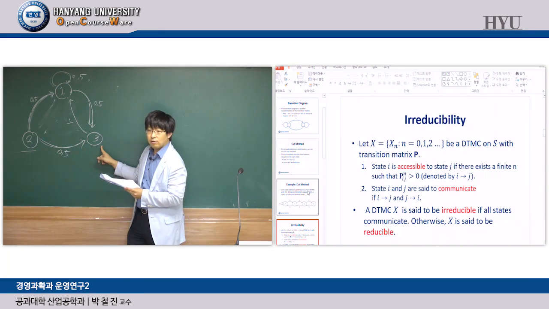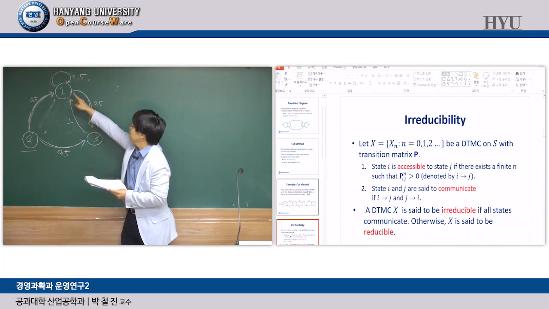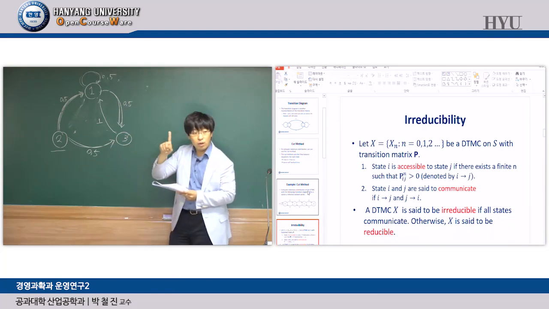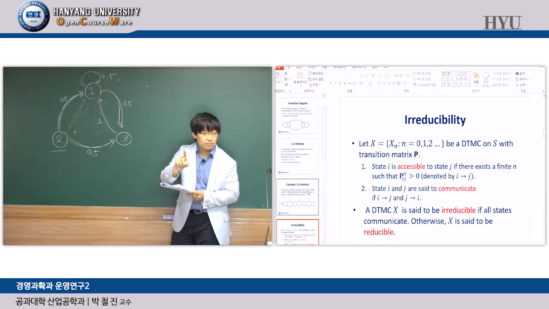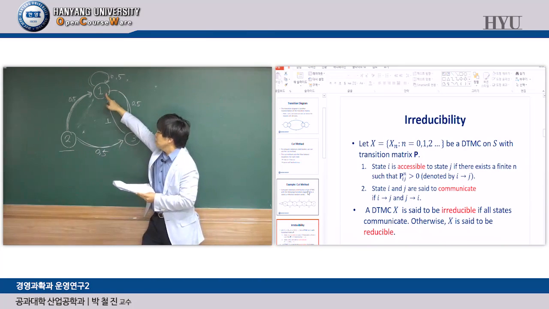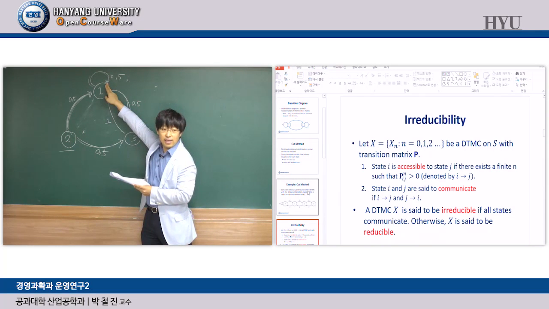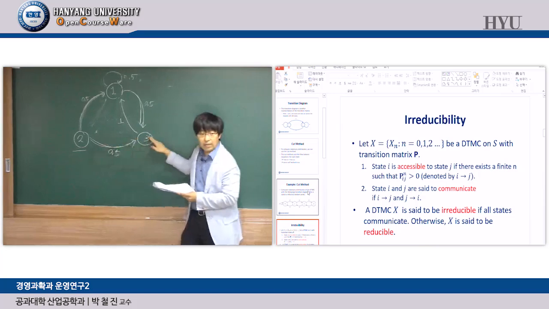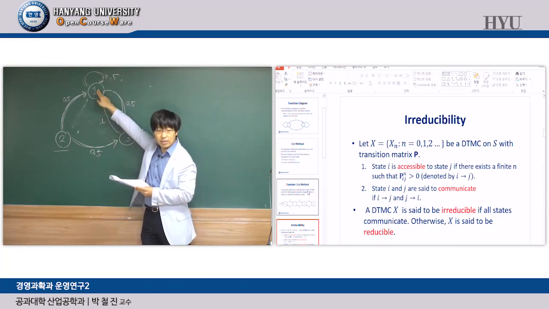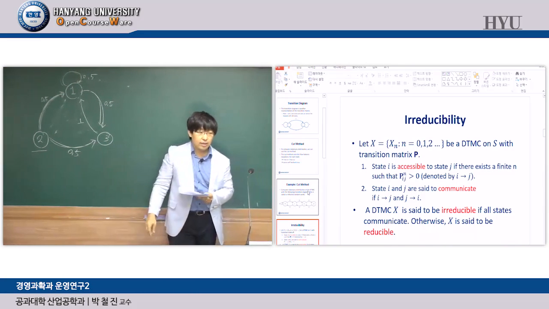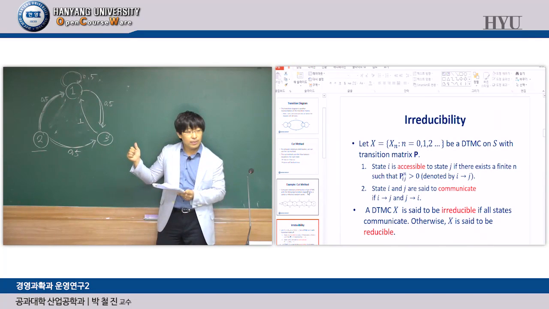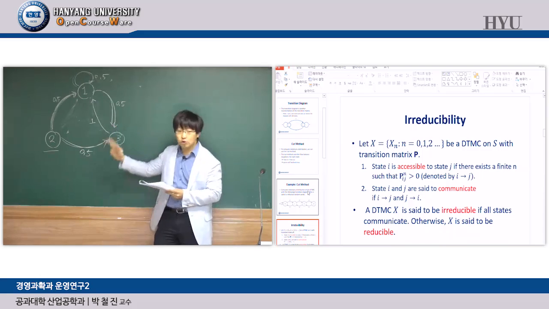Yes or no? Yes. With probability 0.5, with just one step, it is possible, right? How about 1 to 2 to 1? Yes. 2 to 3? Yes. 3 to 1? Yes. 1 to 3? Yes. How about 2 to 1? No. 1 to 2?